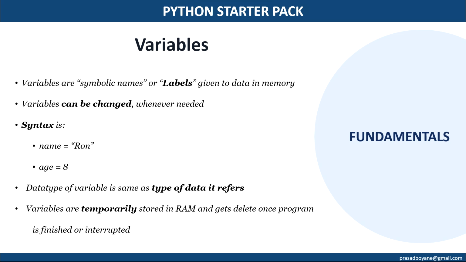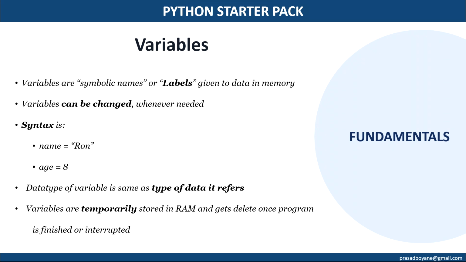The third point is the syntax. Syntax is simple. If you want to create a string variable, you can write name equal to, in double quotes, whatever the value. And if you want to create an integer type of variable, you can simply put the label equal to the value. The point to note is, when we use the equal to operator, the value from the right side always gets stored into the left side.